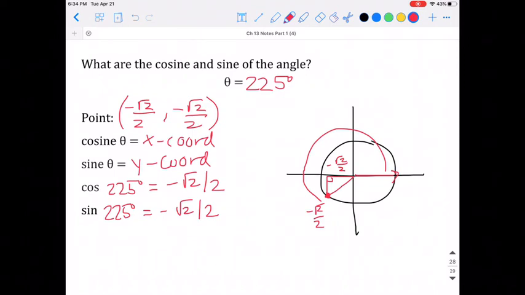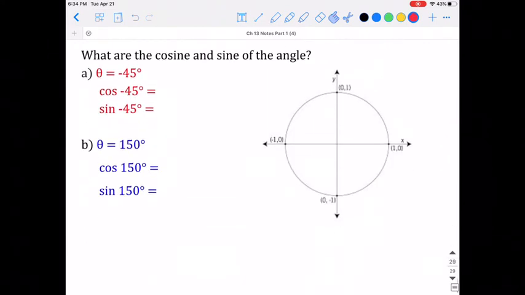Last example: what are the sine and cosine of the angle? First we have theta of negative 45 degrees. Negative 45 degrees from our initial angle is going to directly cut in half our fourth quadrant. So we have our right triangle here, a 45, 45, 90 triangle.